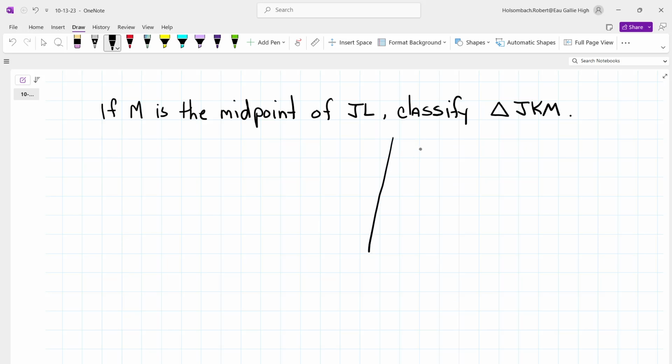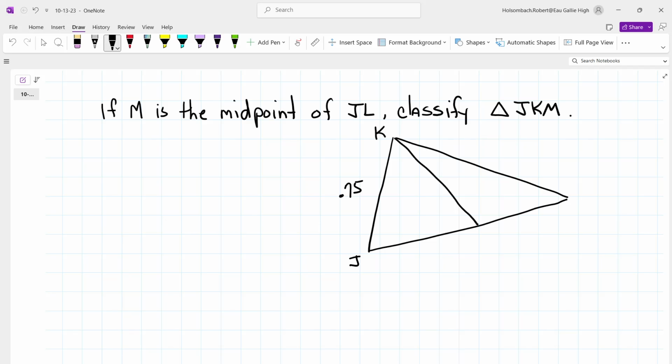So here's the triangle that you're given. We've got a 0.75. Here's vertex J, K, M and L. Side KL is 1.3. And this side is congruent to this side.